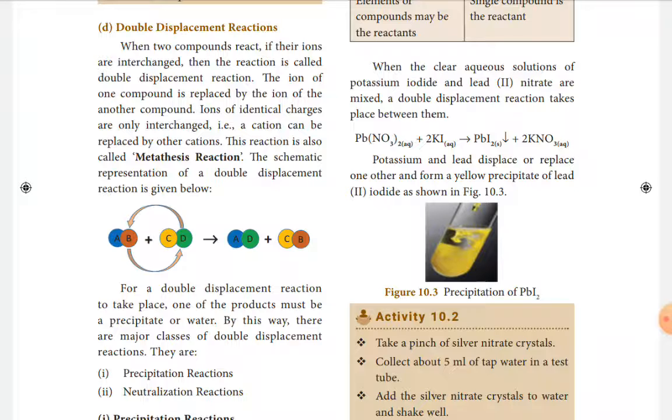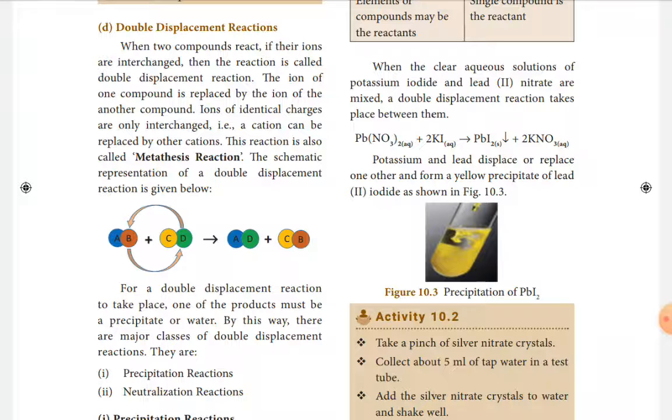Then digestion of food, rusting of iron. All the combustion reactions are oxidation because combustion takes place only in the presence of oxygen. Addition of oxygen is oxidation. But not all oxidation reactions produce a flame in the form of heat energy. Those reactions which produce a flame are called combustion, a burning process.